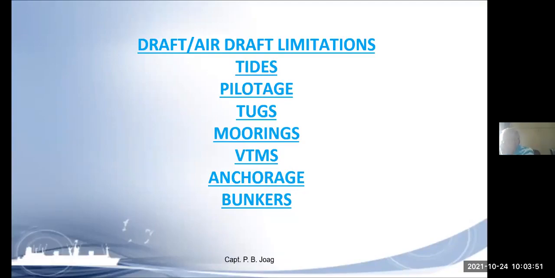When a ship is approaching port, you have the lighthouse, the approach channel and the turning basin. So three of these things I believe were covered by the end of the third lecture, and this is the fourth lecture.